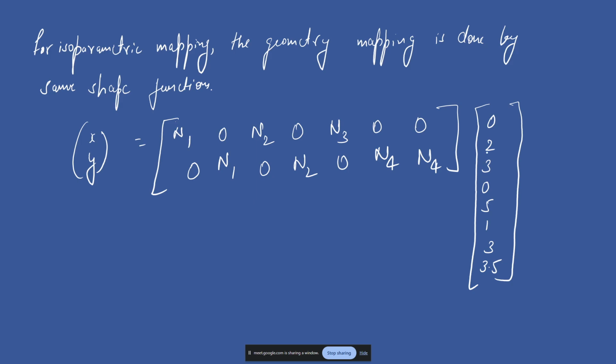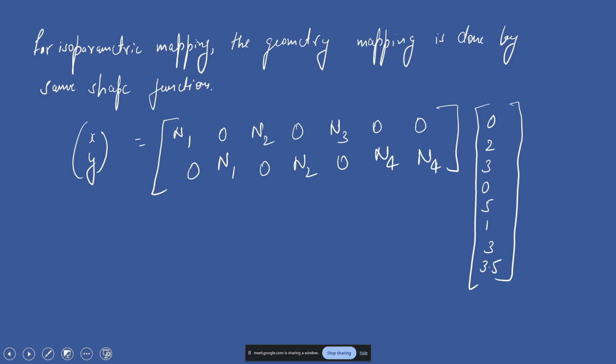Once you have this, the final expression for x y, that is, the mapping into the other coordinate system of our interest, will be given by the following.